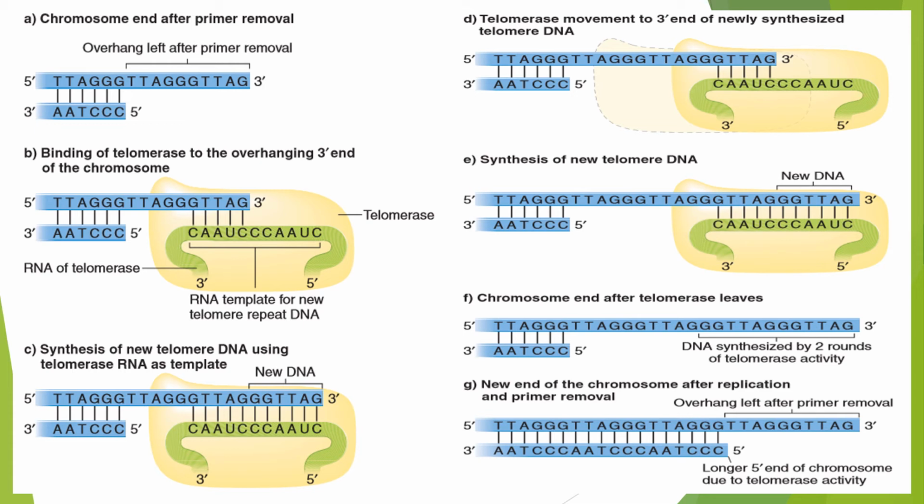Now what telomerase will do is, it will attach at this site. TTAGGG was the conserved telomeric sequence in human beings, as seen on the last slide. Now if you see the telomerase enzyme, its RNA has certain bases which are complementary to the parental DNA, so it will form base pairing.